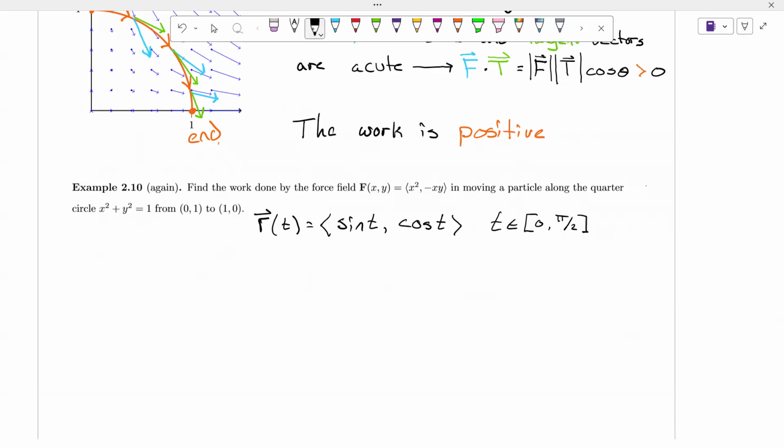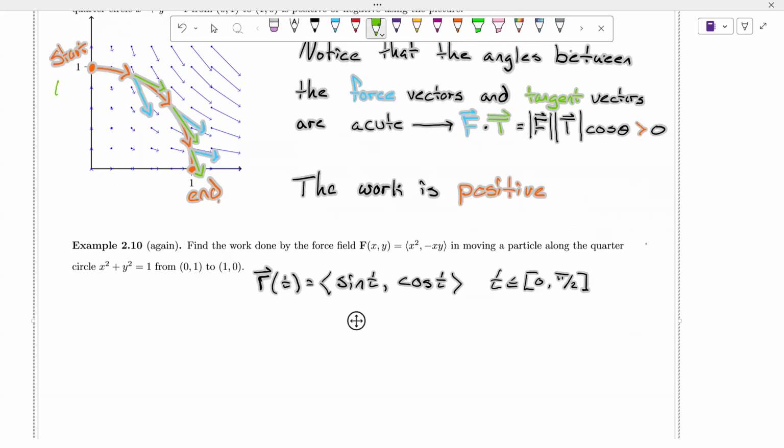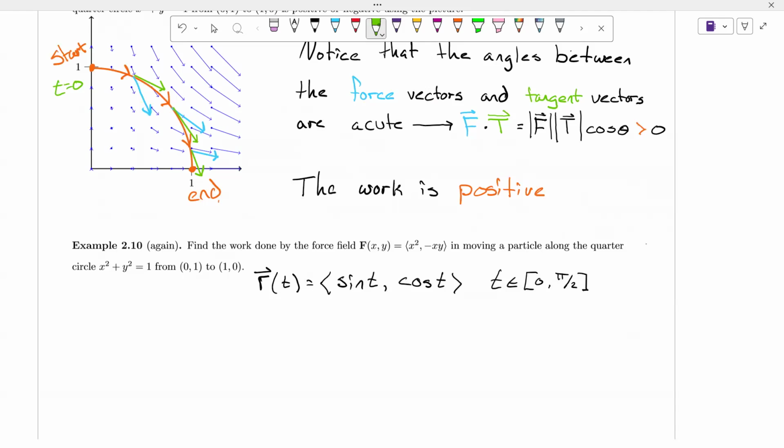But now t equals 0 is going to be at the top of this circle, and t equals pi over 2 is going to be at the right side of this circle. So this guy up here is t equals 0. This guy is t equals pi over 2. And then conveniently, my starting location is still tied to a parameter of t equals 0.